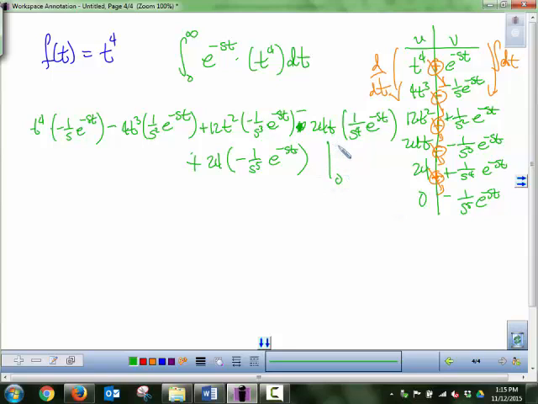Now I have to take the limit from 0 to infinity. If I put infinity into all these t's, now remember these are t values, let's see what happens.